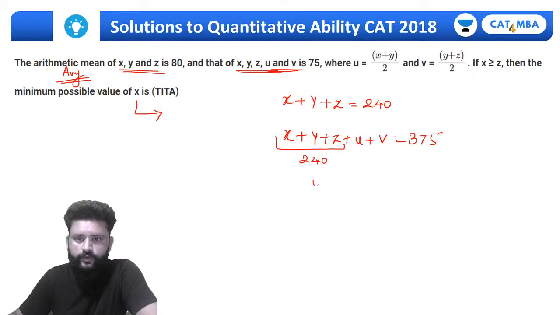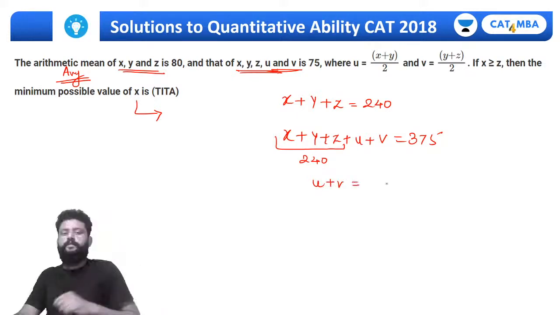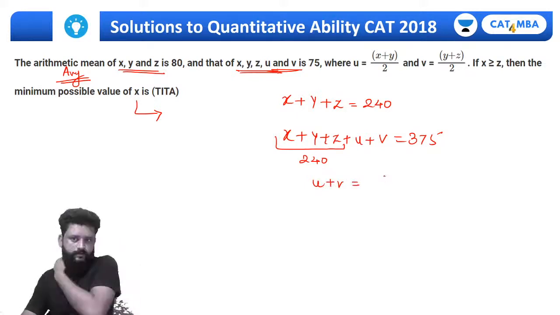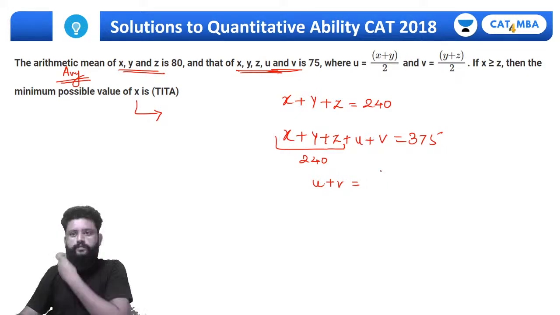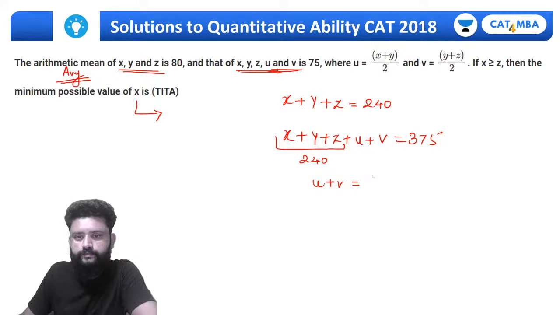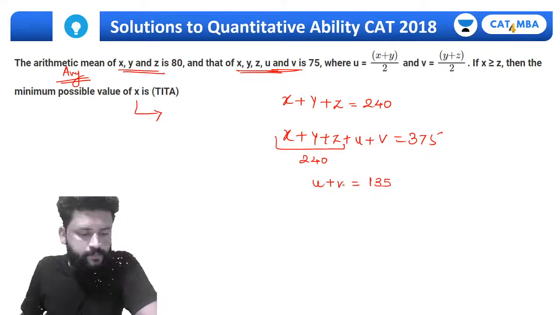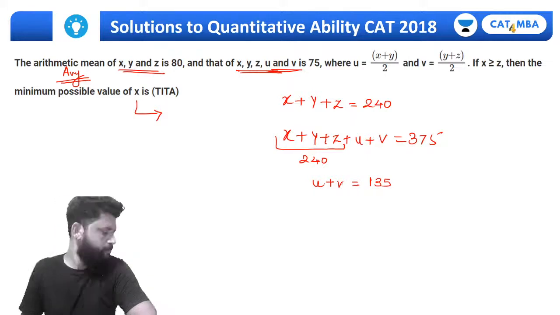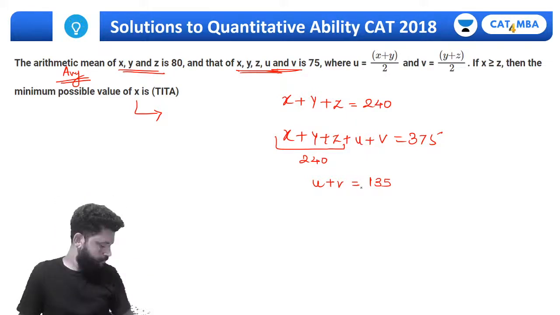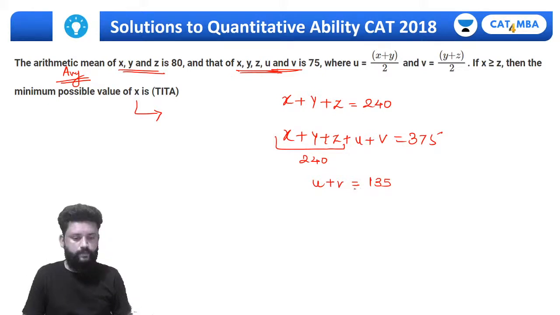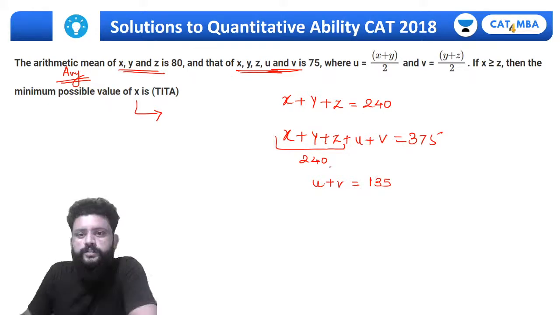So first thing I can say u plus v is 135. Okay, u plus v is 135. First thing that we conclude.